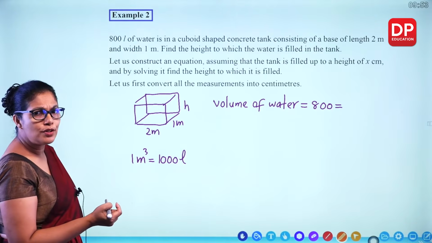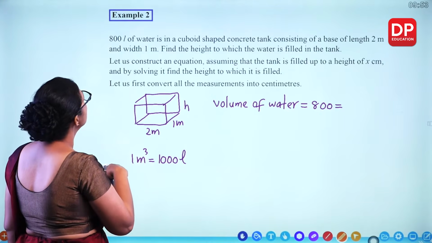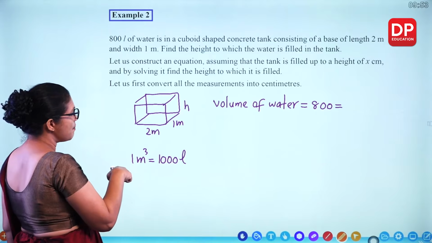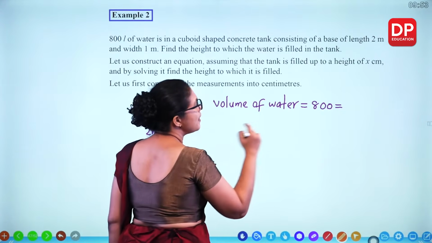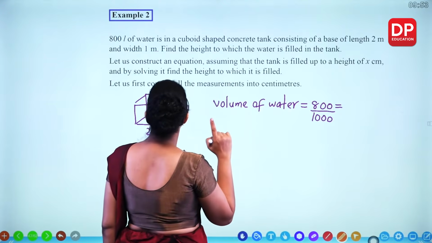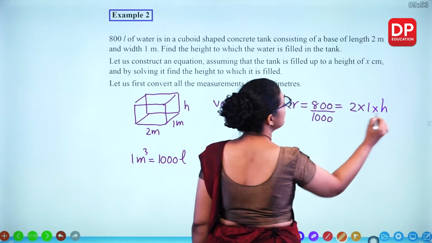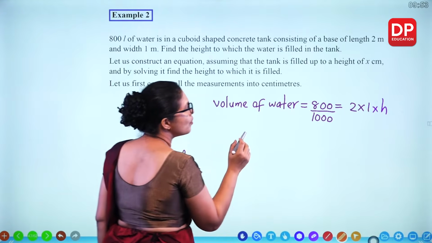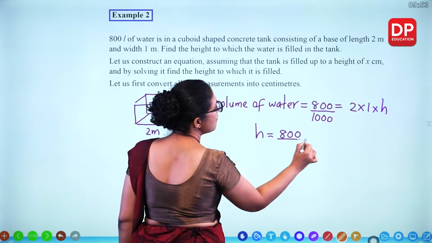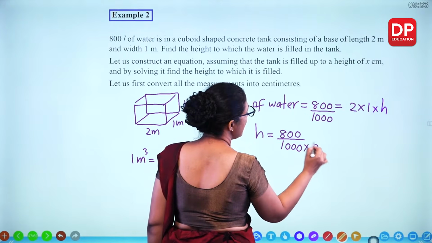You have to divide by 1000. So 800 liters means you have to divide by 1000 to get cubic meters. So I'll divide, that's equal to 2 times 1 times H. Now how do you find H? H is 800 divided by 1000 and divided by 2 again.